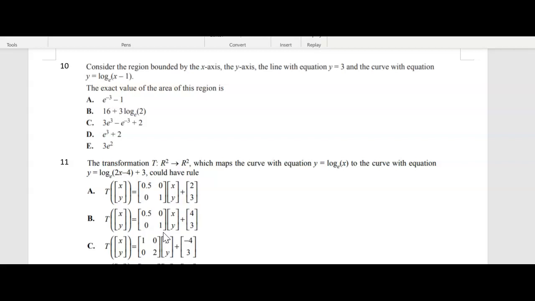Okay, so this question here, if we just think of the graph, just quickly. So we've got the line y equals 3, which is here. And our log graph now, they'll eventually cross at some point.